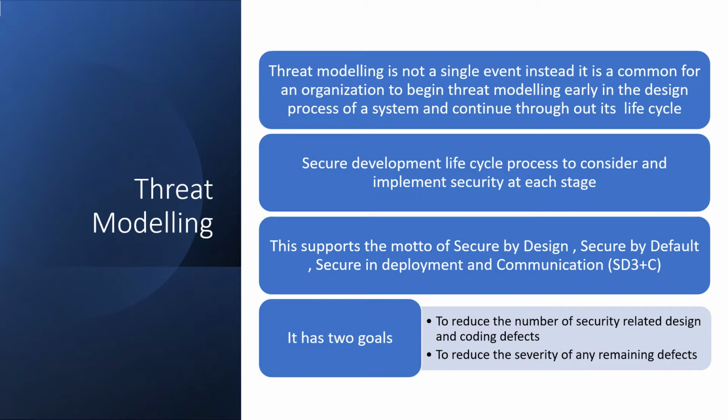A secure development life cycle process is required, and security needs to be considered and implemented at each and every stage of a software development life cycle. This supports the motto of secure by design, secure by default, and secure in deployment and communication, which we call SD3 plus C.